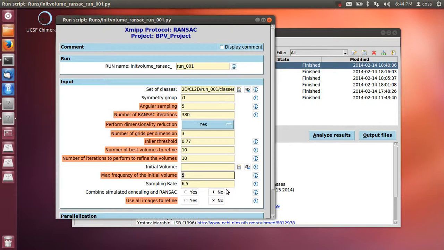So let's say we want to construct a volume that is valid up to 40 angstroms, and then here we have the important Transact parameters. Normally, if you have many classes, you don't need to touch them, but if you have very few classes, then it might be important to touch these parameters, because otherwise it may not work.